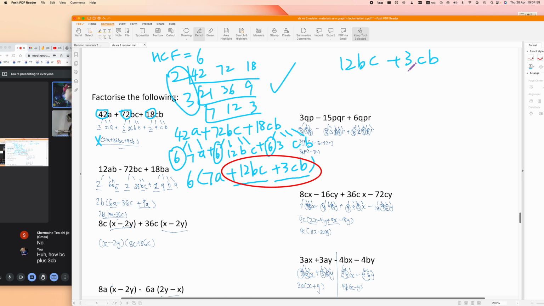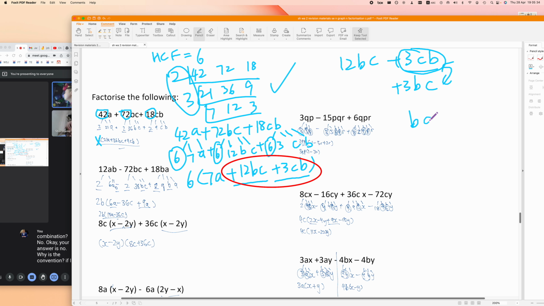By the way, are you supposed to write 3CB or you are supposed to write 3BC? They give you 3CB. Do you think you should convert it to 3BC? What's the convention?